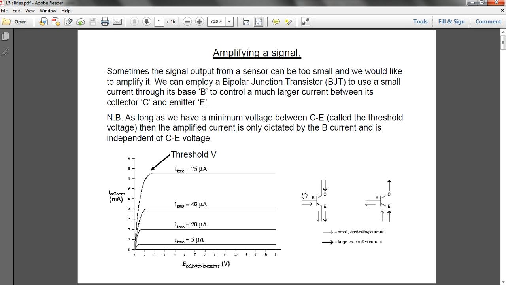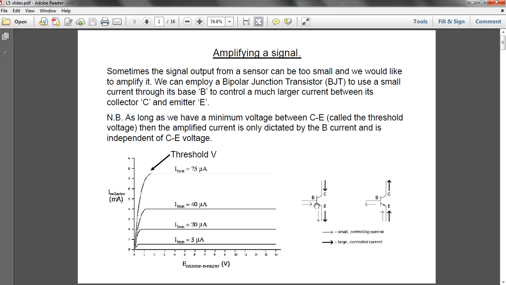So if you put in this small little current, you're going to have an increase. You're going to have a milliampere, which is 1000 times larger than the base current. So this is the collector current over here. When you put in 75 microamperes, you open up certain gates.